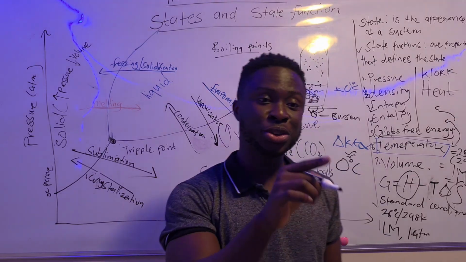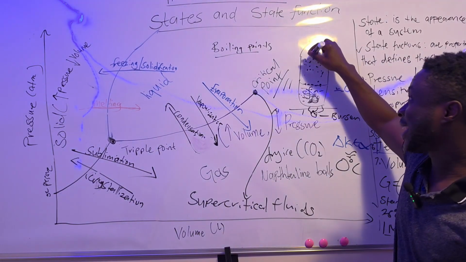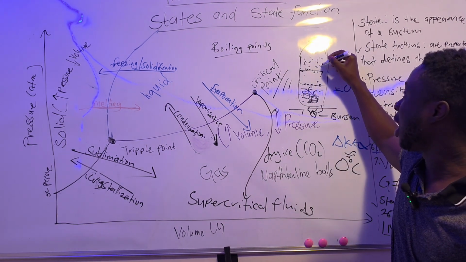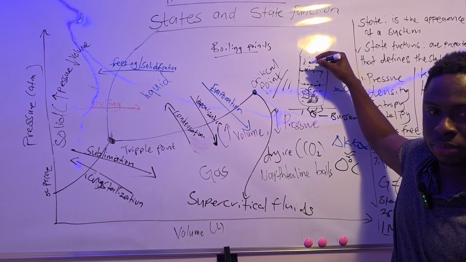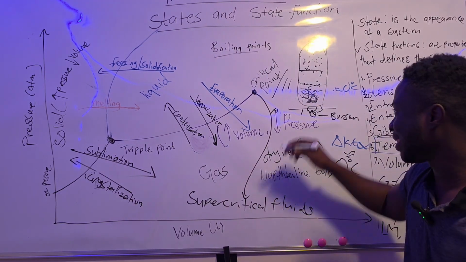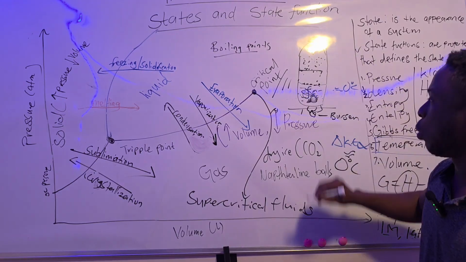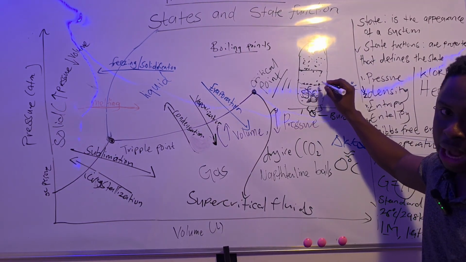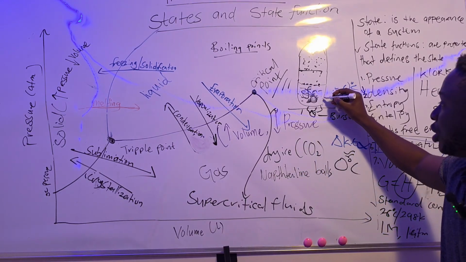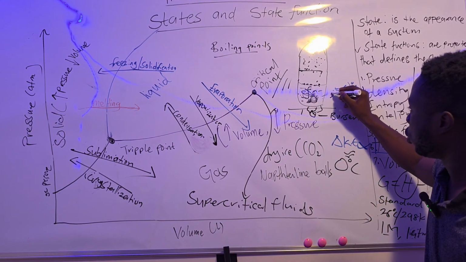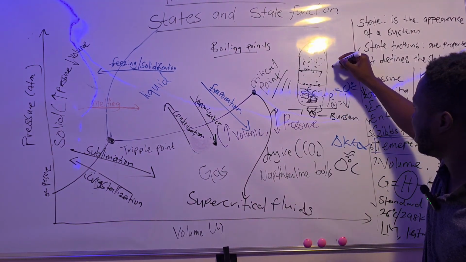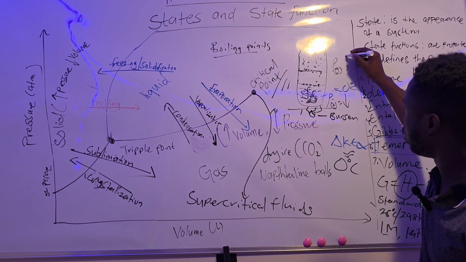As the density of the liquid reduces, that of the gas up here is going to increase, right? When we first started, the liquid density was more than the gas density, and as we started applying heat to the system, increasing the temperature, the density of the liquid is going to reduce, and the density of the gas is going to increase.